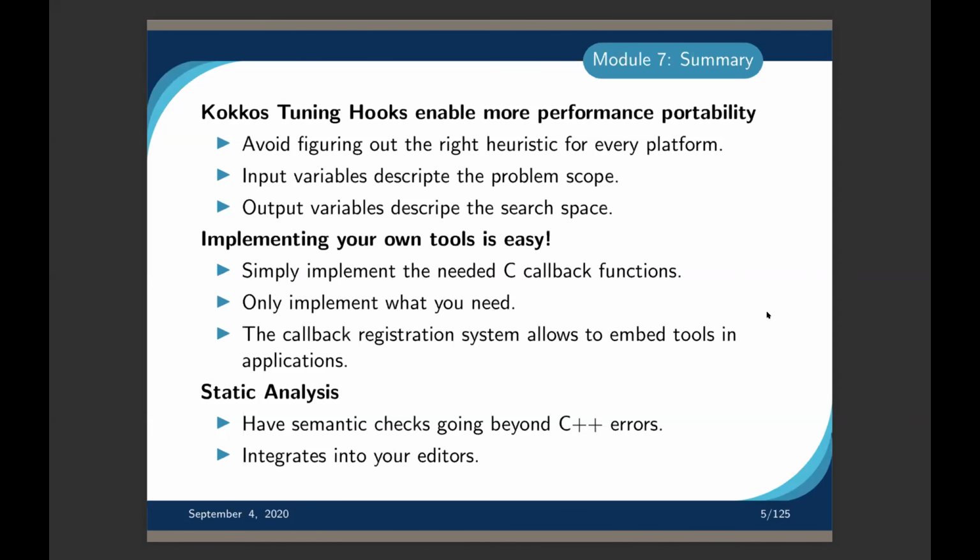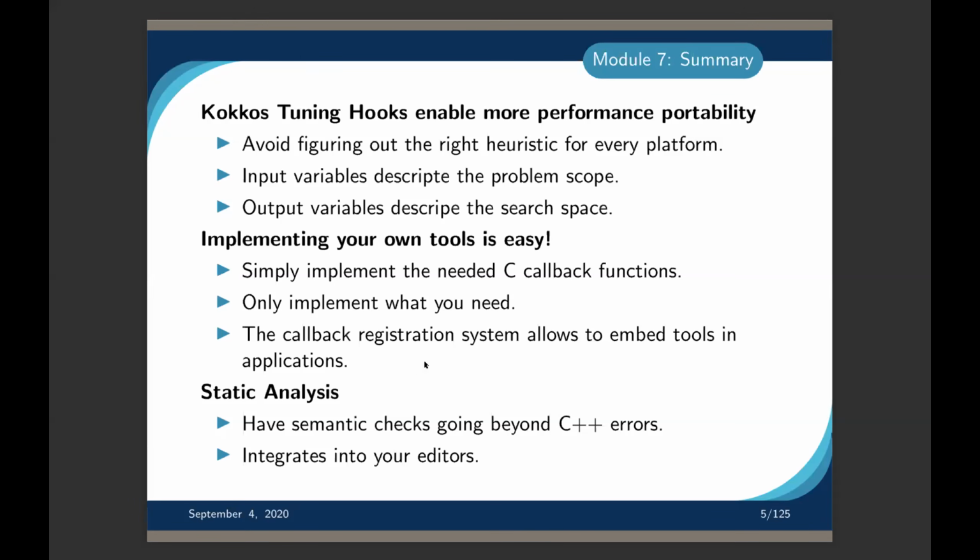And last but not least, we talked about static analysis: with the Kokkos LLVM sub-project, you can get semantic checks for Kokkos mistakes which aren't strictly speaking C++ errors, integrate that into your editors, and catch errors before they bite you later on some specific machines. So before we come to the Kokkos Kernels part, I will walk you through the exercise.